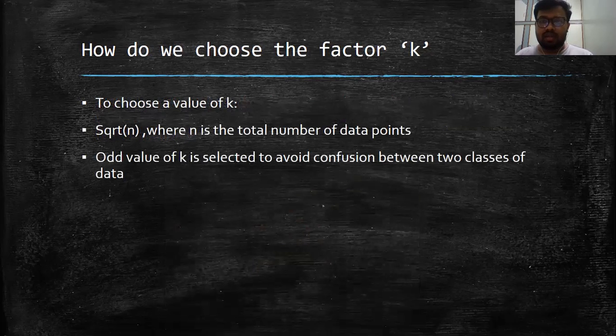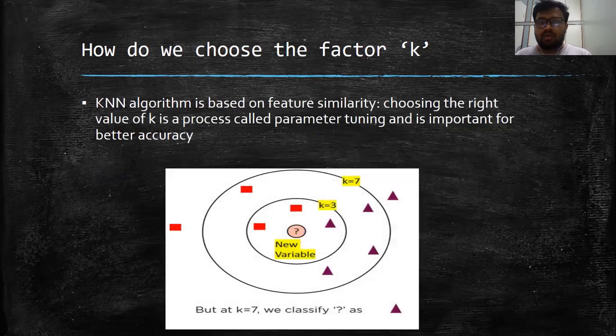This is the reason why we should take an accurate value of K, so that we get the accurate answer. There are two methods to choose a value of K. One is to take the square root of n, where n is the total number of data points. Let's come back to this picture again. The total number of data points are 1, 2, 3, 4, 5, 6, 7, 8, and 9.